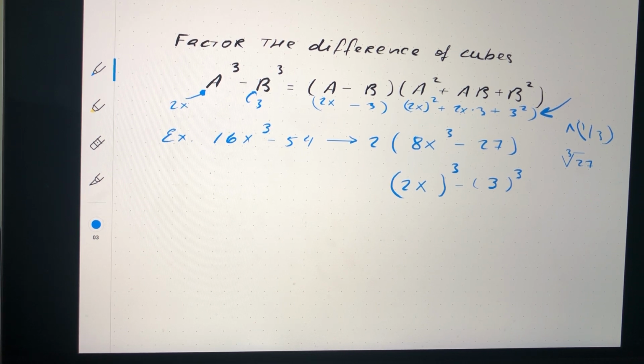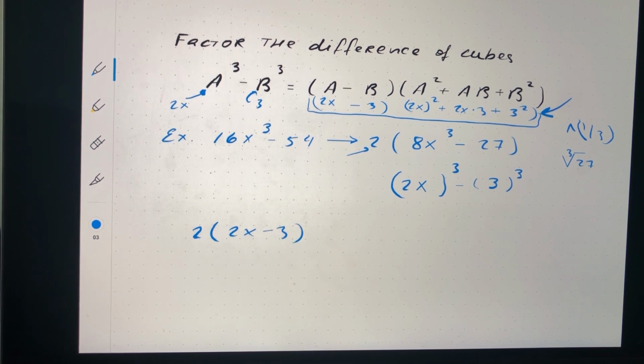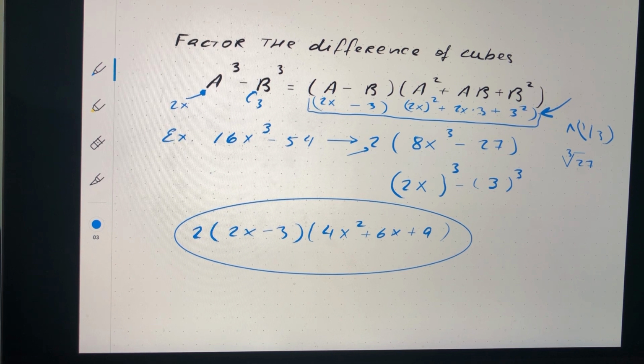So our final answer is going to have 2 on the outside, and then this expression: 2x minus 3 times 4x squared plus 6x plus 9. 2x squared is actually 4x squared, 2 times 3 makes 6x, and 3 squared is 9. So the complete factored version of our original question is here.